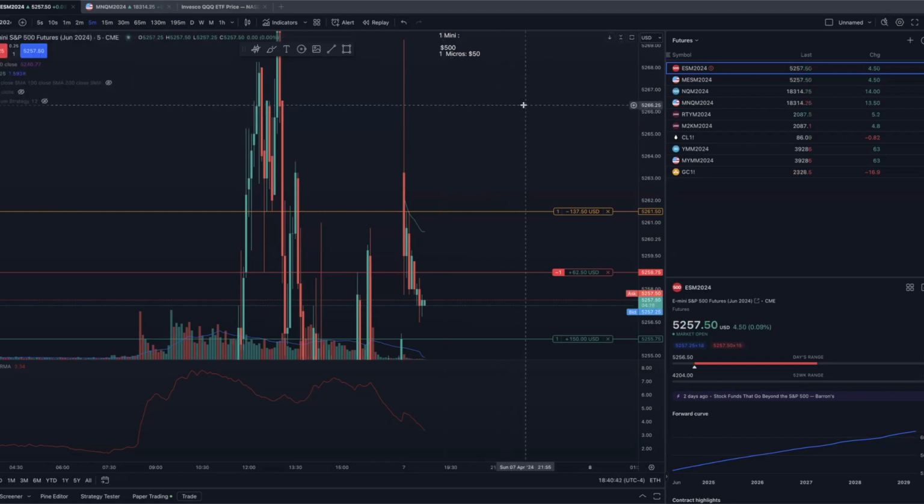If you add on that CME, let me just type it in. You should see something called CME real-time data. That's what you need in order to get the futures data in real time and trade futures. I think it's like $4 a month, or around $4 to $5 a month. So give it a try.